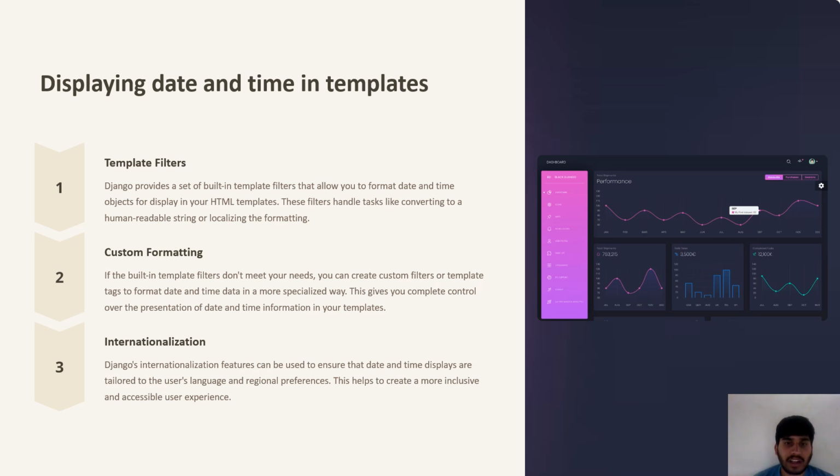These filters handle tasks like converting to a human-readable string or localizing the formatting. Custom formatting. If the built-in template filters don't meet your needs, you can create custom filters or template tags to format date and time in a more specific way. This gives you complete control over the presentation of date and time information in your templates.